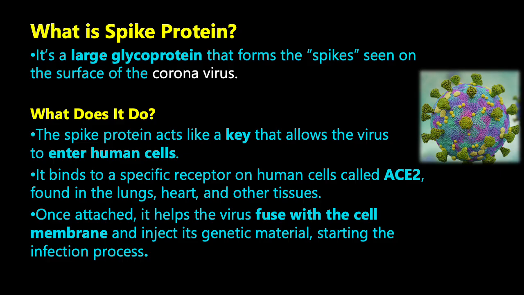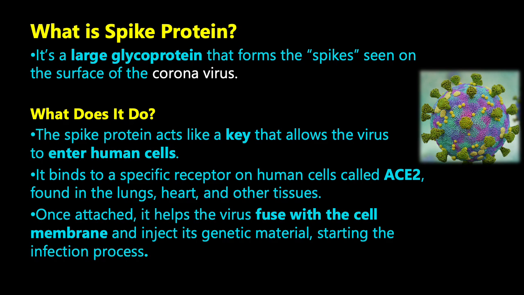These ACE2 receptors are the key factor that allows the virus to go into our cells. The spike protein fits into this lock. The spike protein fits into the ACE2 receptor, so the spike protein is the key for the virus to go into our cell.